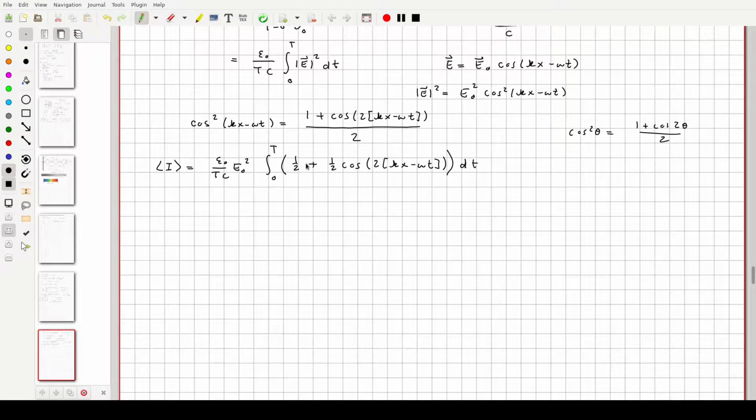The first thing is very easy to integrate, this first term. When I do that, the first term is just going to be 1/2 t. But I still have this integral right here to do.